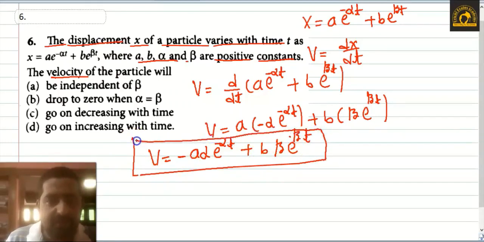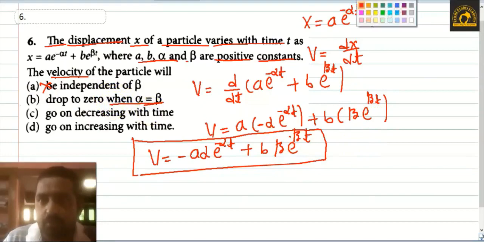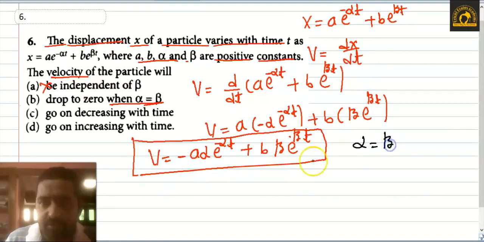Got it? Is this independent of beta? No, this is dependent. The statement says the velocity drops to 0 when alpha is equal to beta. So put alpha equal to beta.